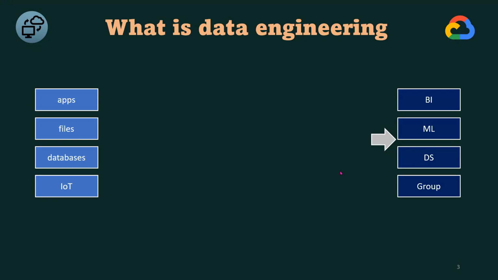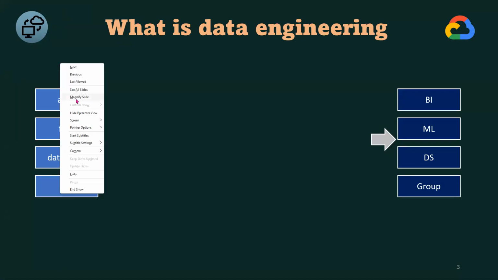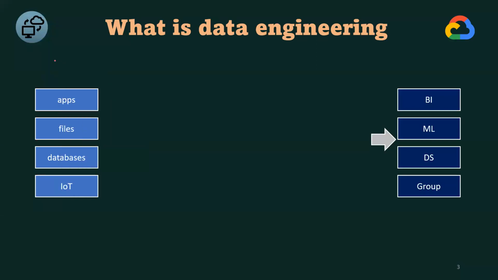We need to clean the data and process the data, and then we have to send our data to our downstream people such as Power BI, machine learning, data scientists, and the business groups. So this is our source team, and this is our destination team or downstream.